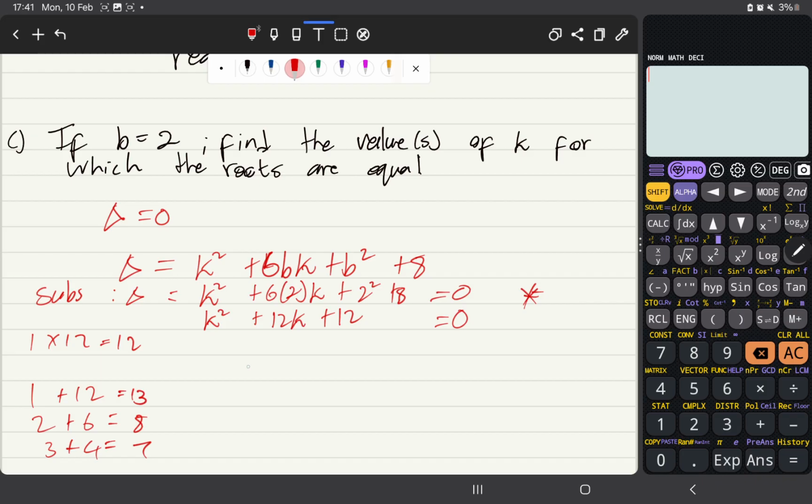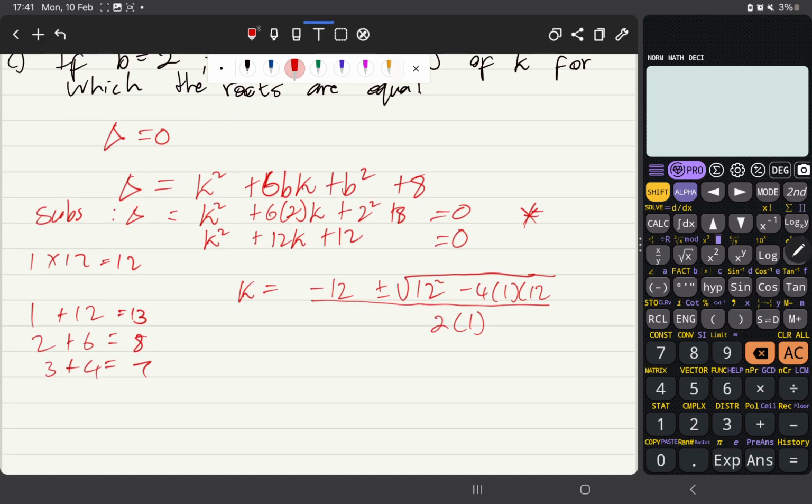So let's use it and say k equals minus 12 plus or minus the square root of 12 squared, that is b squared, minus 4 times a, which is 1, and c, which is 12, and then all over 2 multiplied by 1, right?